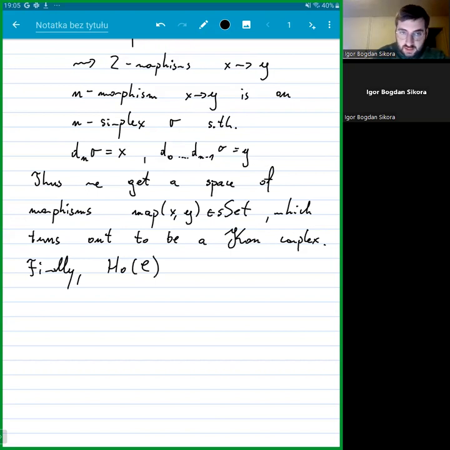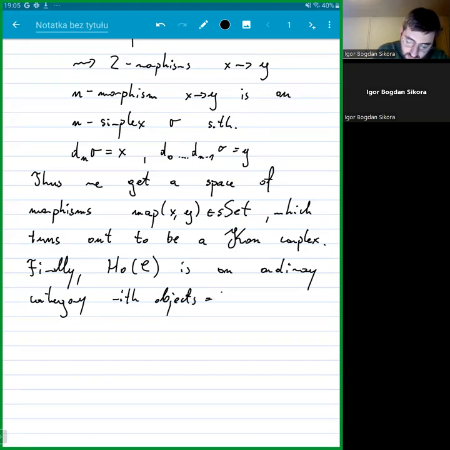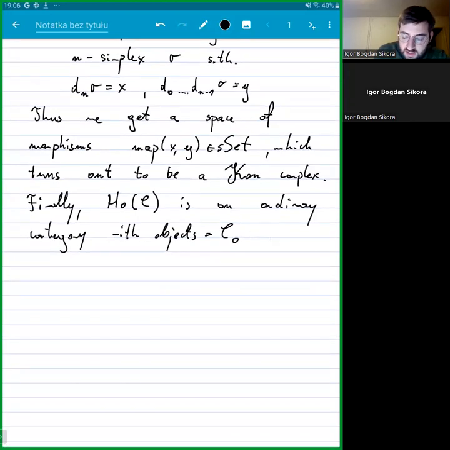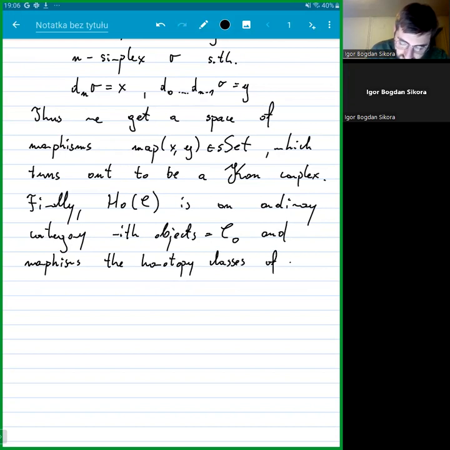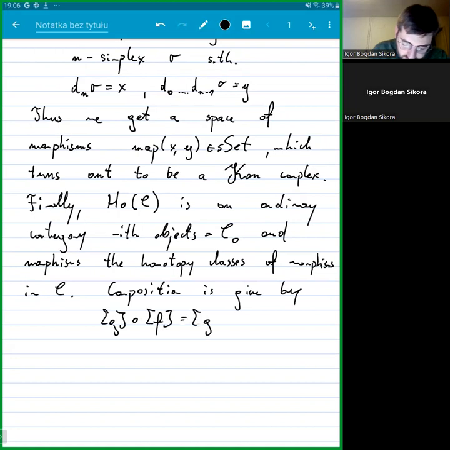The homotopy category of a quasi-category is an ordinary category with objects equal to the vertices of our quasi-category and morphisms the homotopy classes of morphisms in C. And the composition is given by: G and F composed is just the class of G composed with F.